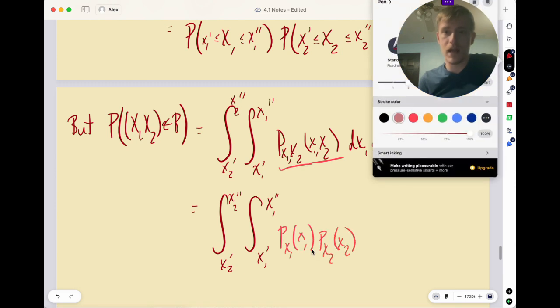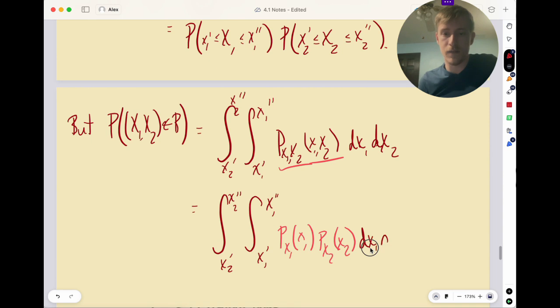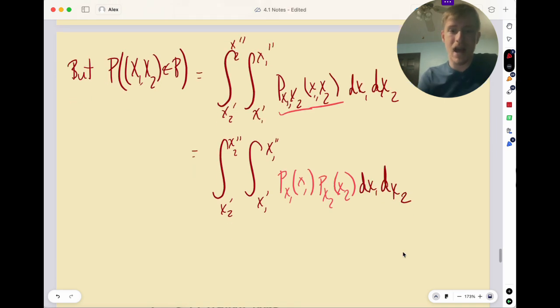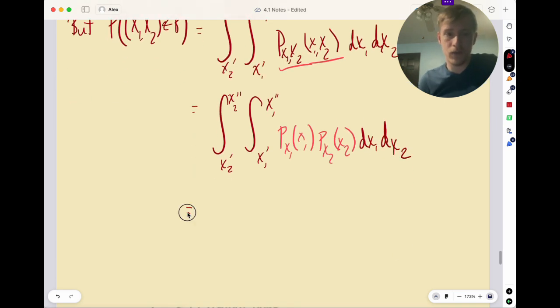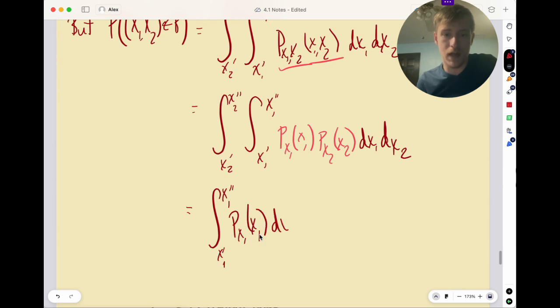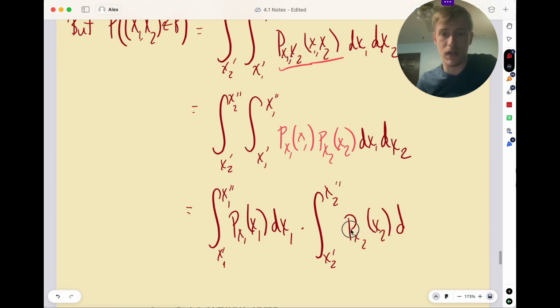The reason I want to do that is because now this is going to equal the product of, actually, let me do it this way: the integral from x1 prime to x1 double prime of p x1 of x1 dx1 times the integral from x2 prime to x2 double prime of p x2 of x2 dx2.